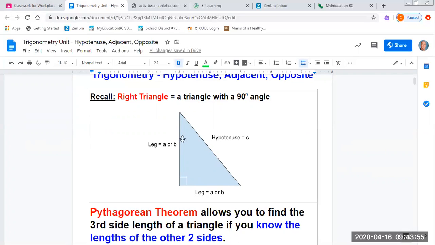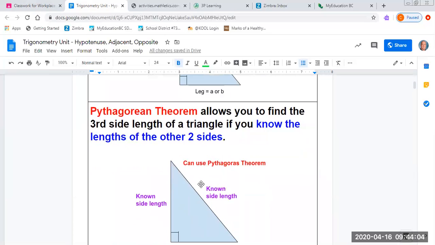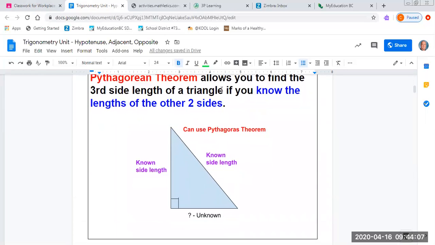Now, when we talked about Pythagoras' theorem, we then said that the A side and B side are what we often refer to as legs. Now, in Pythagoras' theorem, we hopefully remember as well that if we are able to see and know one side length and know another side length, then we can solve for what we don't know.